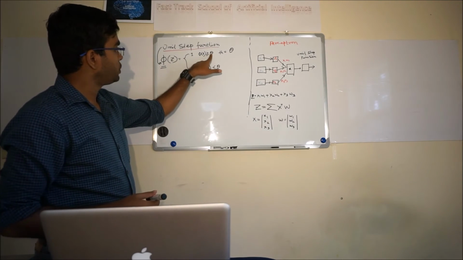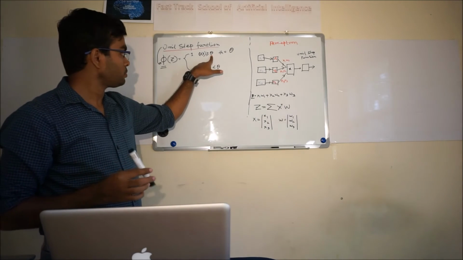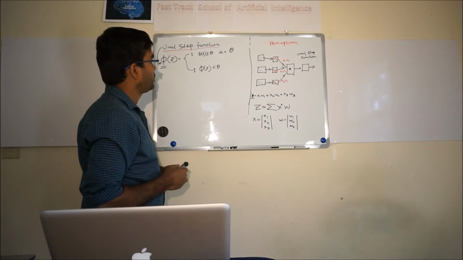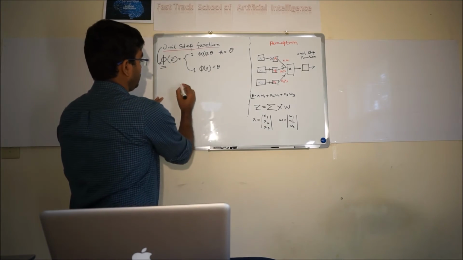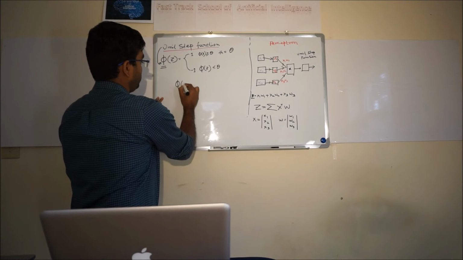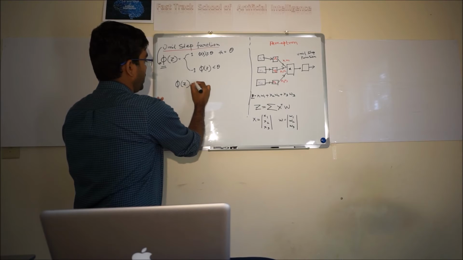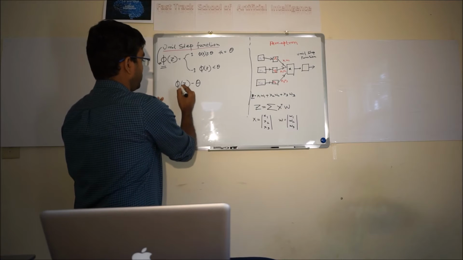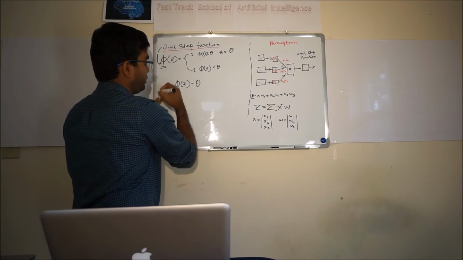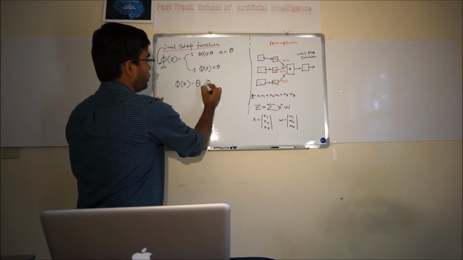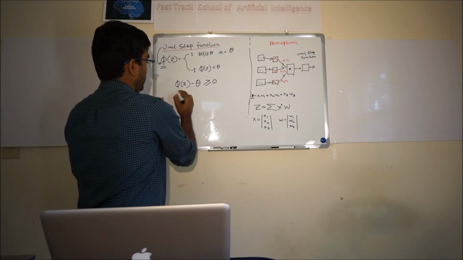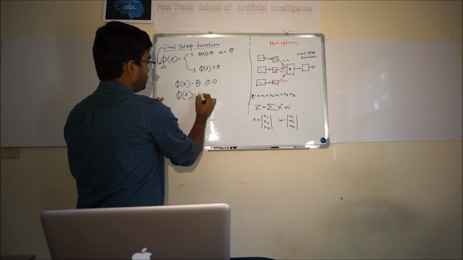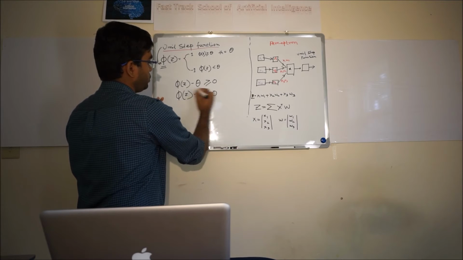So if we simplify these equations, this theta, if we take it to the left side, we'll get one equation called z minus theta. The unit step function of z minus theta greater than or equal to 0 and the unit step function of z minus theta less than or equal to 0.